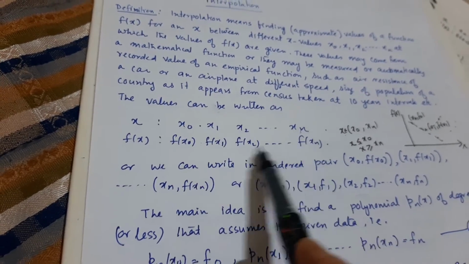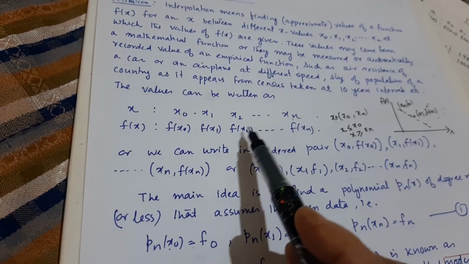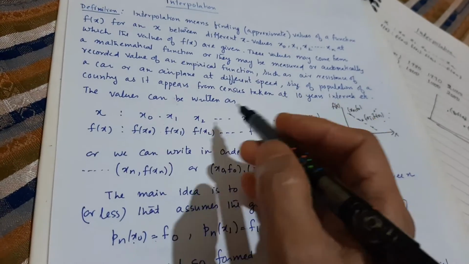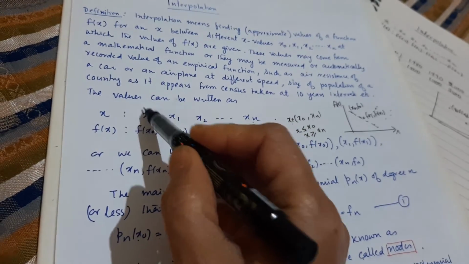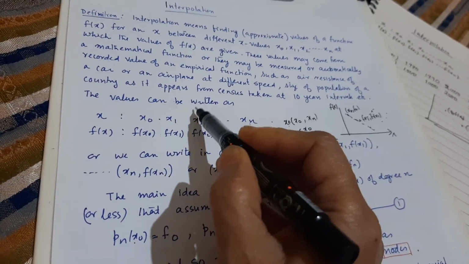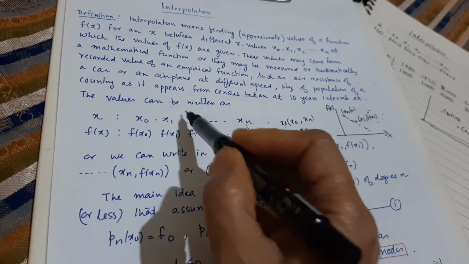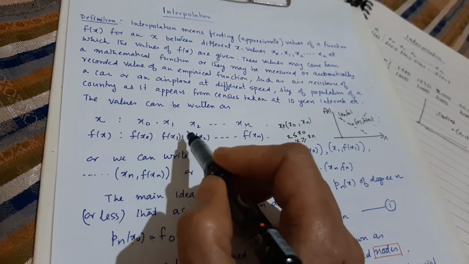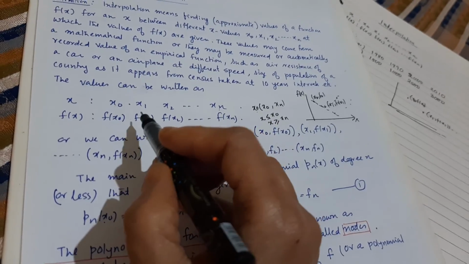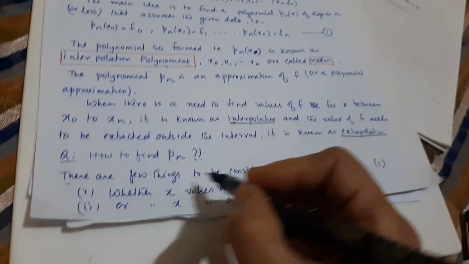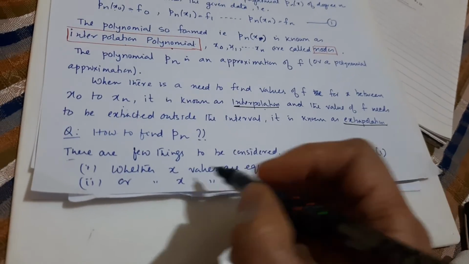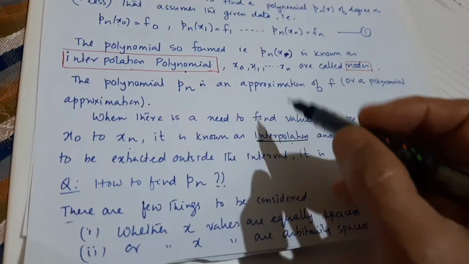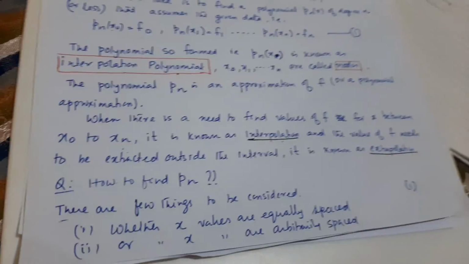That is called equally spaced. But if we take some arbitrary data, suppose 1 here, 2 here, then maybe 7 here, maybe 15 here, that is not an equal interval. Those are called not equispaced, or arbitrarily spaced intervals. So how we are going to find the polynomial is our next question. In the next class we will discuss this.